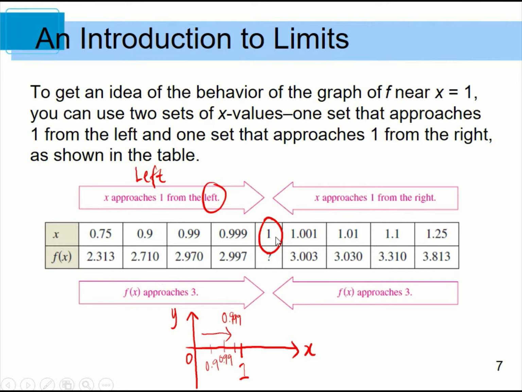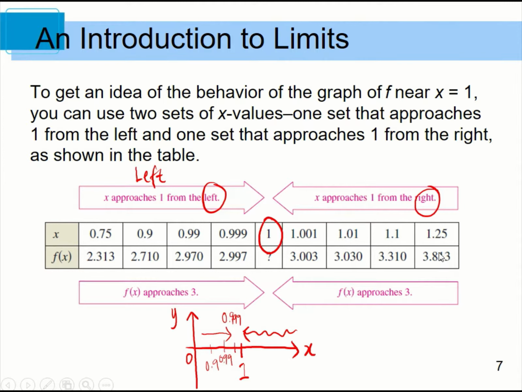Now let's consider the other side, the right-hand side. We start with 1.25, then 1.1, 1.01, and 1.001. The value of x is getting closer to 1.